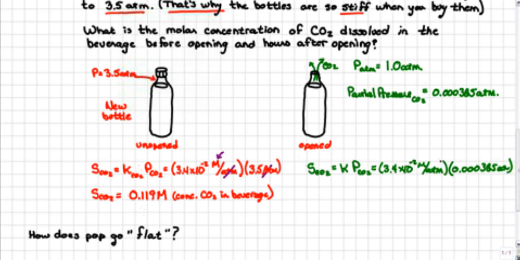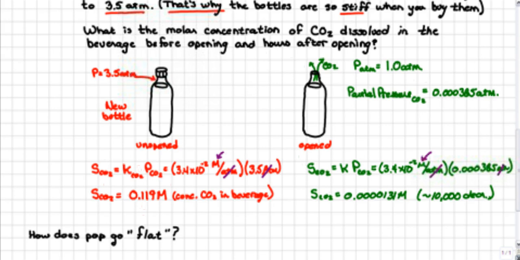Well, the units do cancel out the same way as they did before and leave us with molarity units in my final answer. And if I do the calculation, the solubility of carbon dioxide in this case comes out to be 0.0000131 molar.